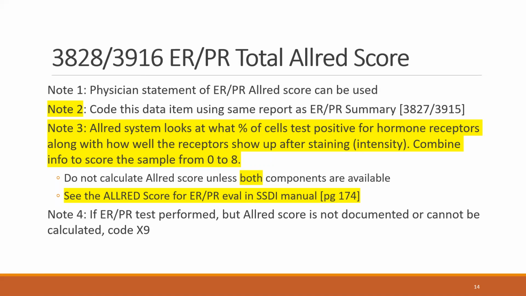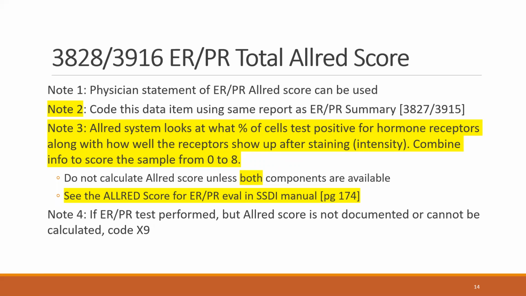Okay, so what is the all red score? Here's the notes for either the ER or the PR all red score. This is a prognostic score. So we want to use the same report that we have been using to code the ER, PR summary and the percent positive. This might be in your CAP summary.